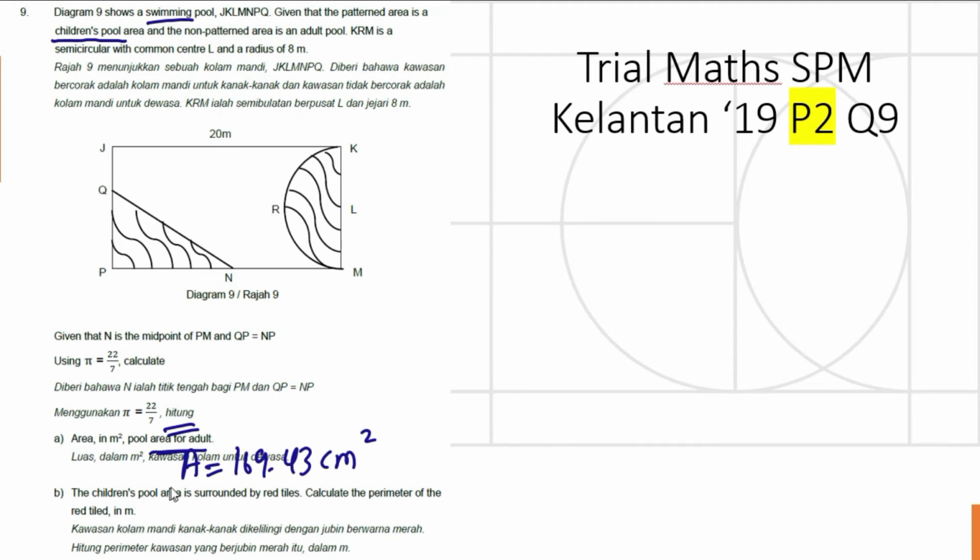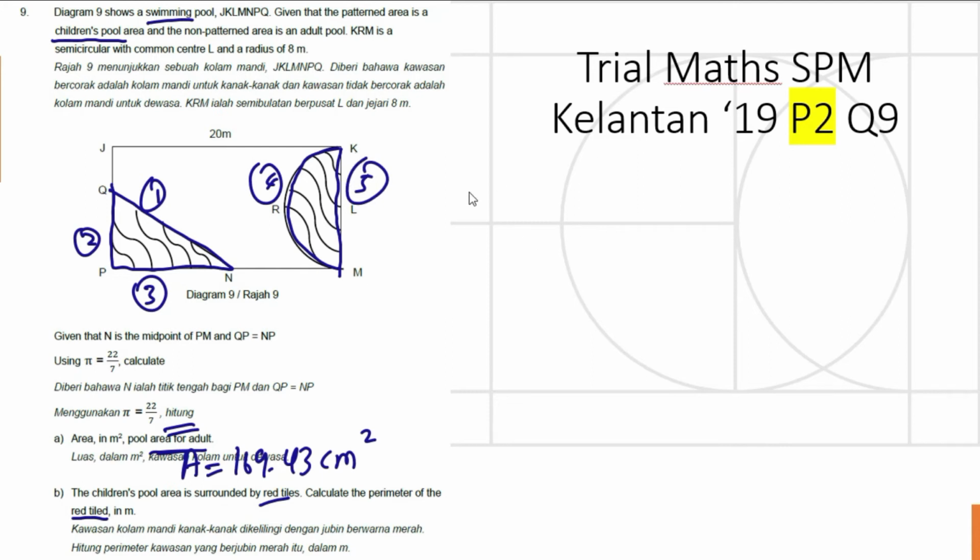B, the children's pool is surrounded by red tiles. Calculate the perimeter of the red tile. So you see the perimeter of the children's area is here, here, and then here, and here. So we have 1, 2, 3, 4, 5.